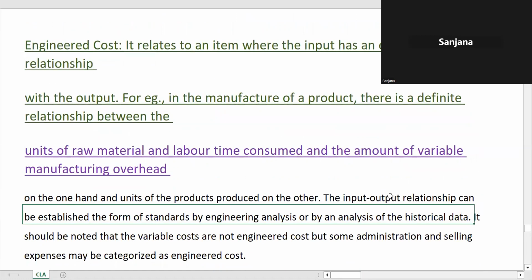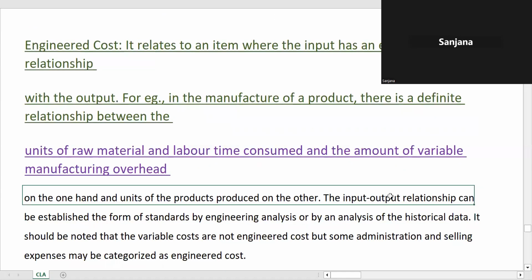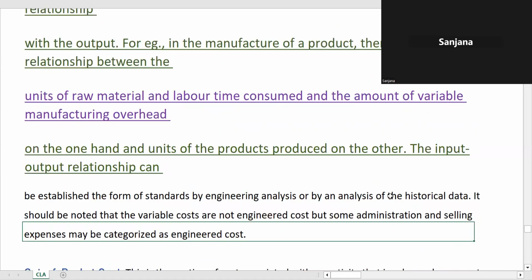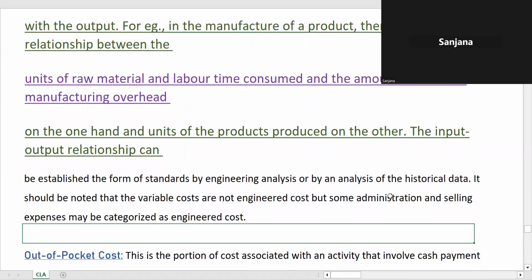Based on how much raw material and labor you are putting, you will know how much manufacturing overhead is required and how many products will be produced. These are called engineered cost, where there is some technical relation. That's why the word engineered cost. You can easily find the input-output relationship.